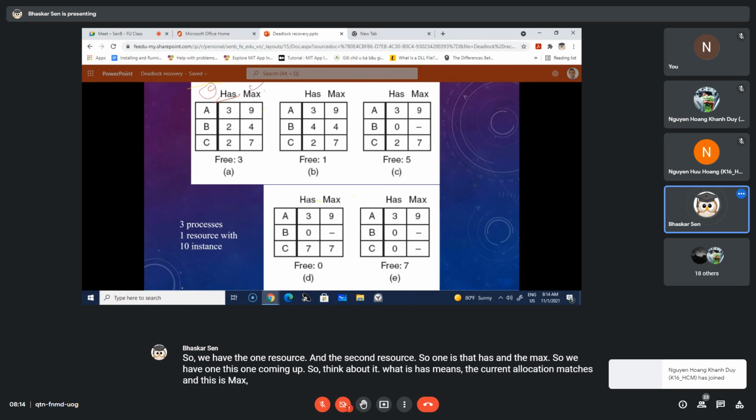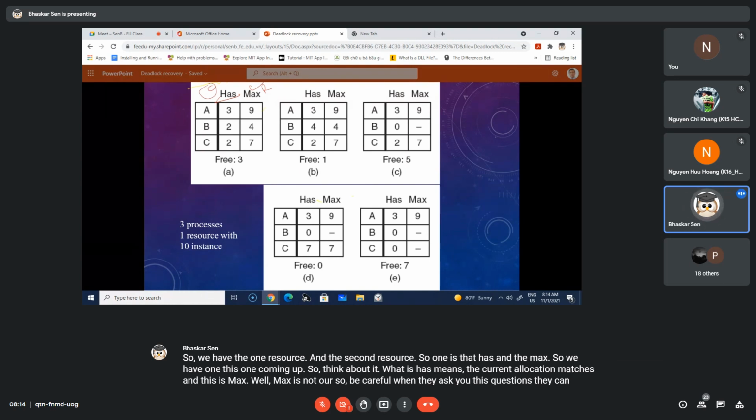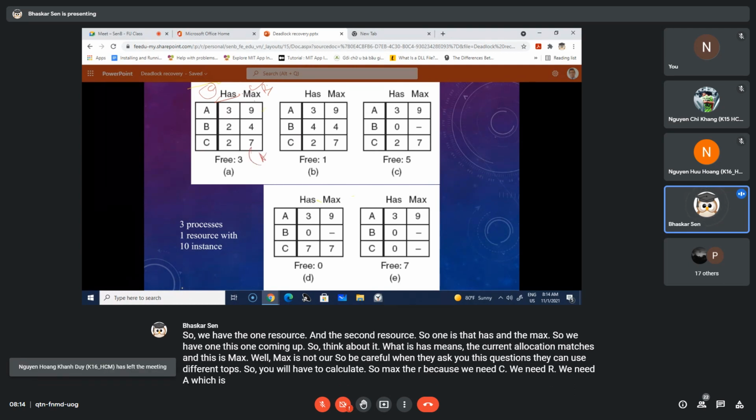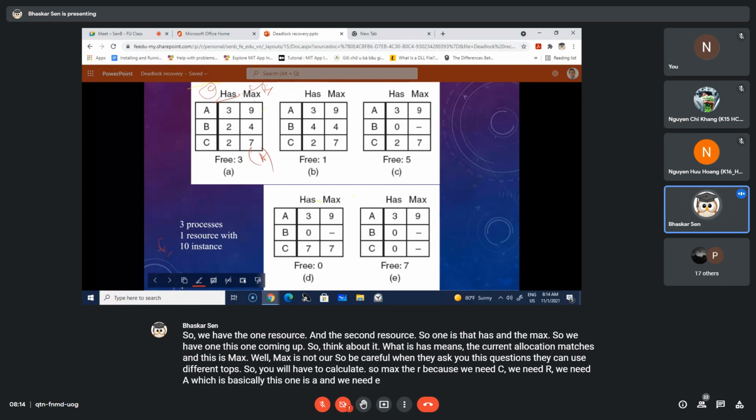Well, max is not R. So be careful when they ask you these questions, they can use different terms. So you will have to calculate. So max is the R, because we need C, we need R, we need A, which is basically this one is A, and we need E. E means this one is E, the 10 instances.